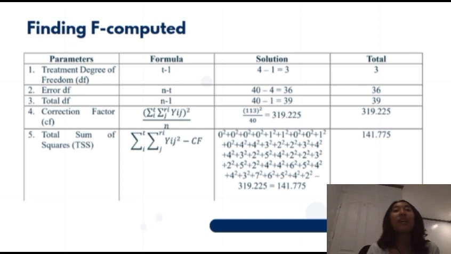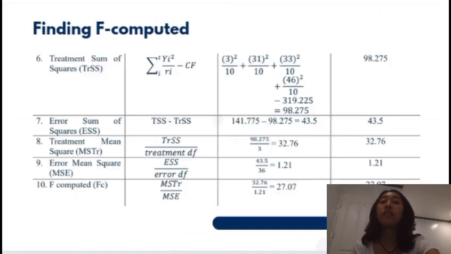And then, the parameters that we're going to use are the treatment degrees of freedom, the error degrees of freedom, total DF, the correction factor, the TSS or the total sum of squares, the treatment sum of squares, the error sum of squares, the MSTR, the MSE, and the FC.